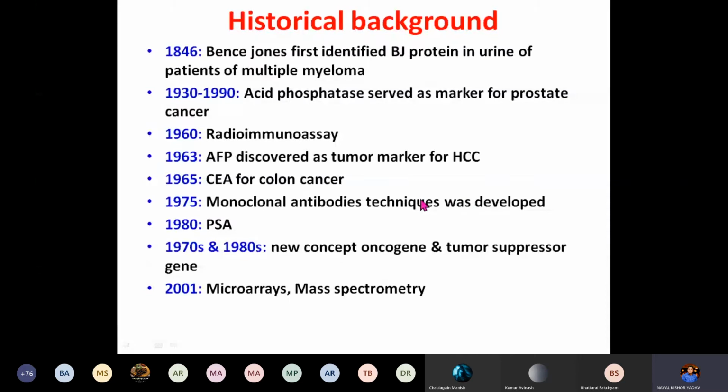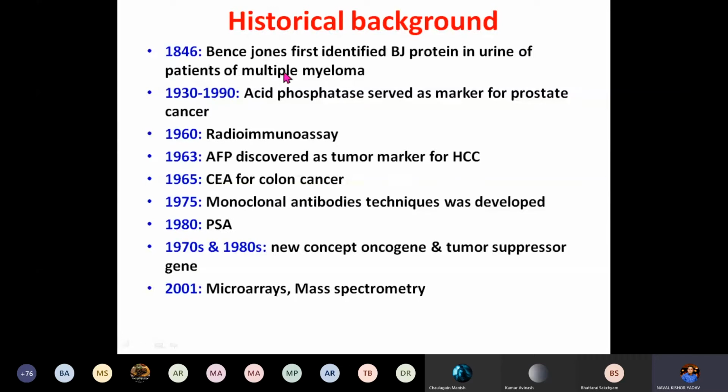So these are some of the history of tumor markers. The scientist Bence Jones in 1846 identified the protein known as Bence Jones protein, which is present in the urine of patients suffering from multiple myeloma. Multiple myeloma means cancer of plasma cells.